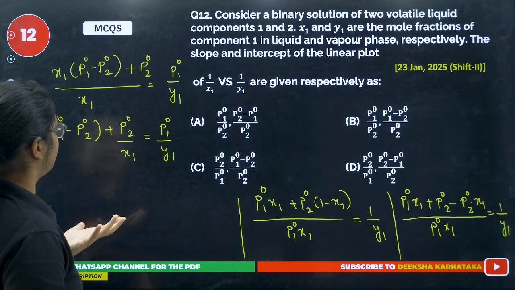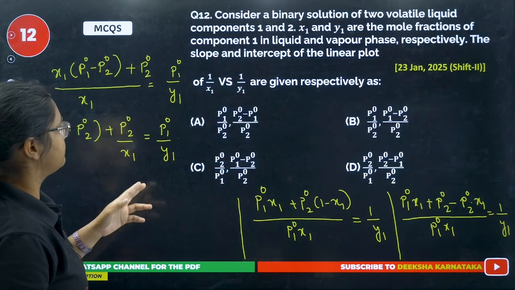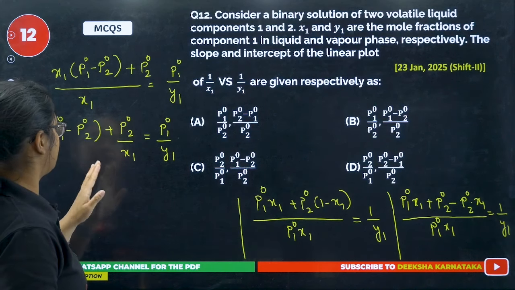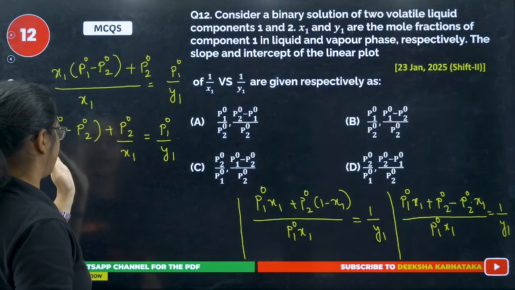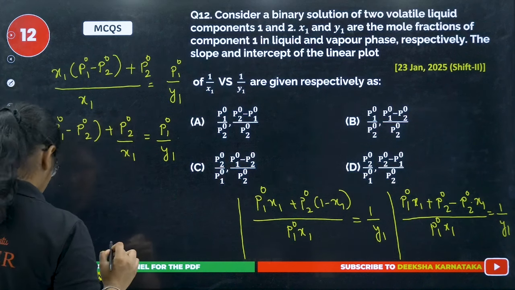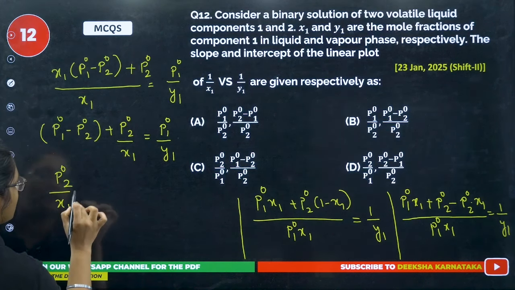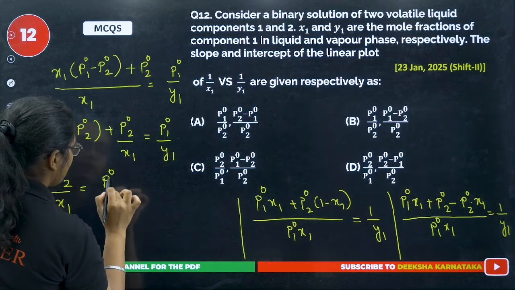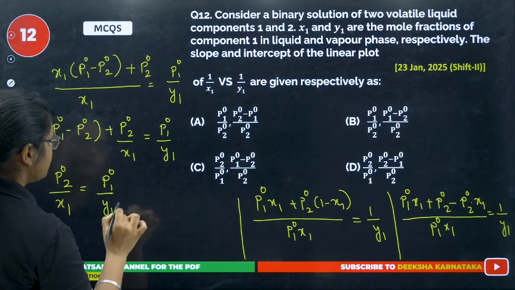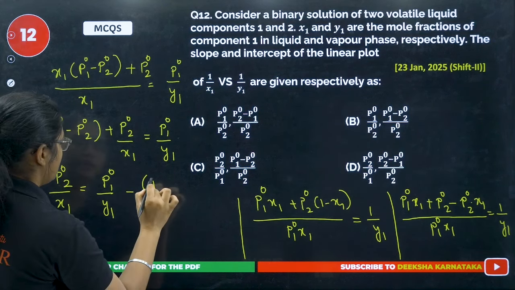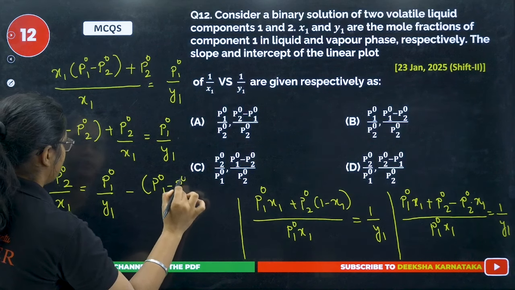Fine. Now I need 1 by x1 versus 1 by y1, right? So I'll keep this term here and I'll take all other terms to that side. So P02 by x1 is equal to P01 by y1 minus P01 minus P02.